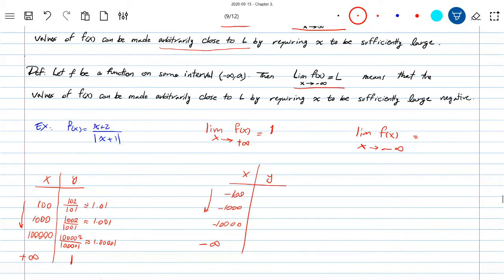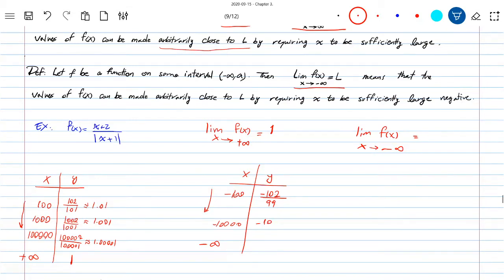If we pick negative 100 and replace it in the function, you'll get negative 102 divided by the absolute value of negative 100 plus 1, which would be 99. I'm going to replace only two numbers, it's too many. Let's try negative 10,000.